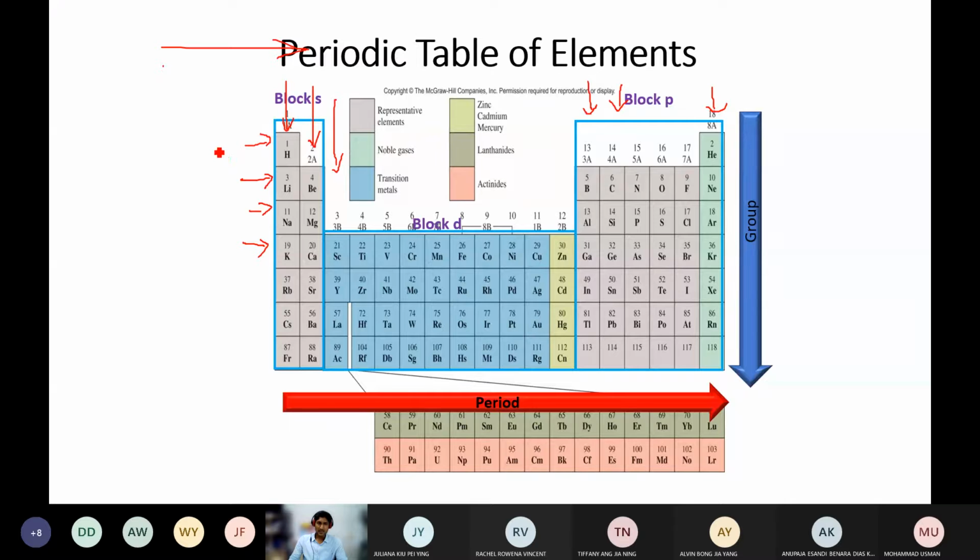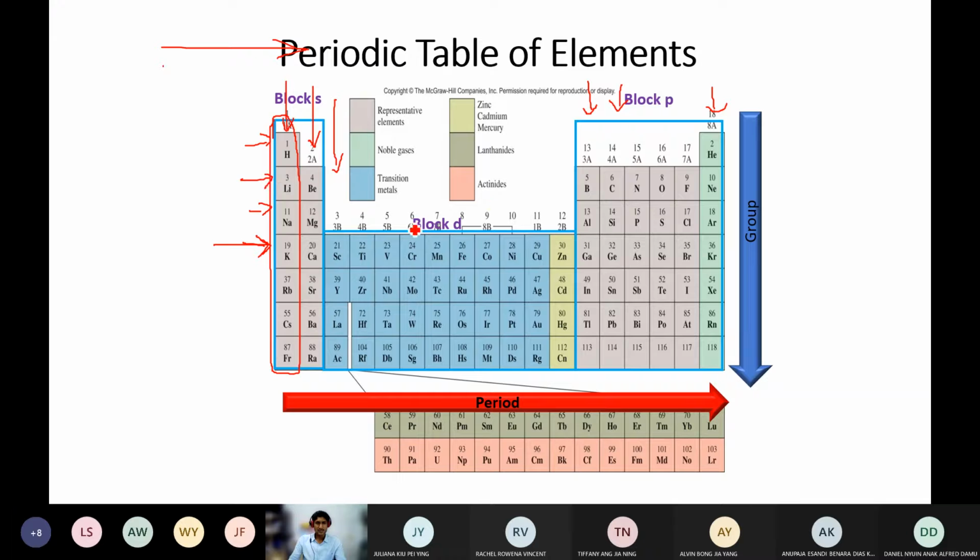In one group, the elements have similar characteristics. Of course, they are different, but they have similar characteristics. In one period, they will have the same principal quantum number, that is n, but of course different numbers of electrons.